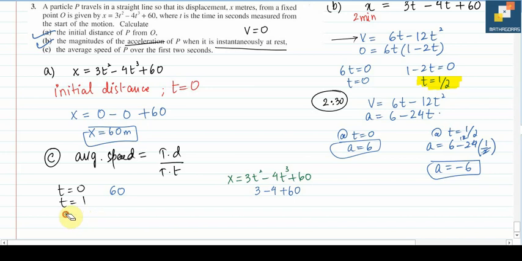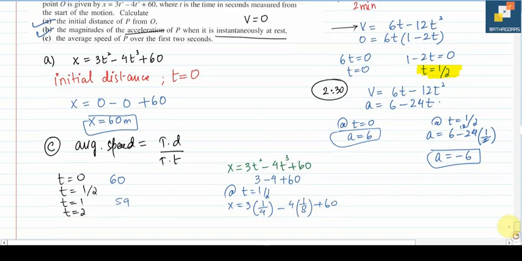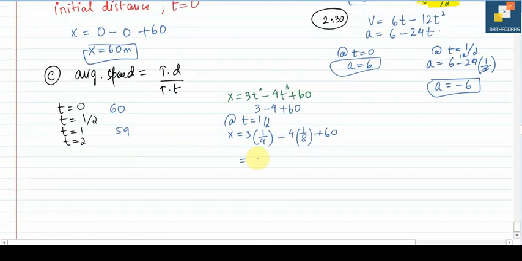So now at t equals to 1 upon 2, at t equals to 1 and t equals to 2. When t equals to 1, we got the value 59. What is the value when t equals to 1 upon 2? x equals to 3 times 1 upon 2 square, it's 1 upon 4, minus 4 times 1 upon 2 cube, it's 1 upon 8, plus 60. So that is equals to 3 divided by 4 minus 1 divided by 2 plus 60.